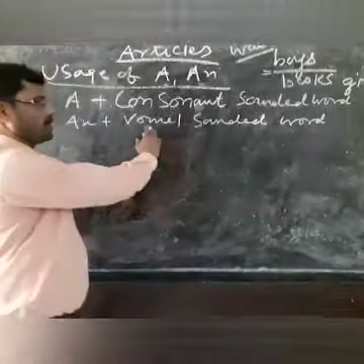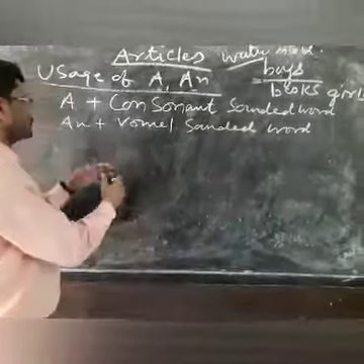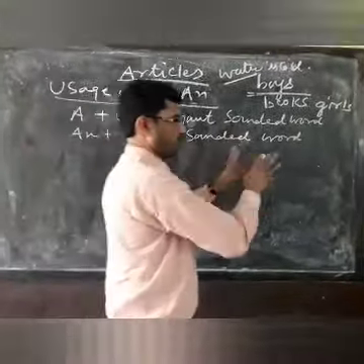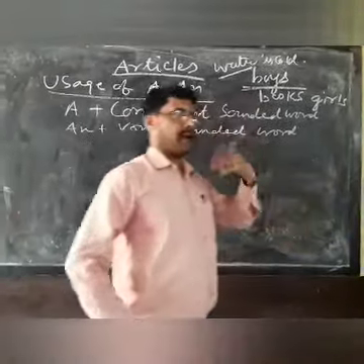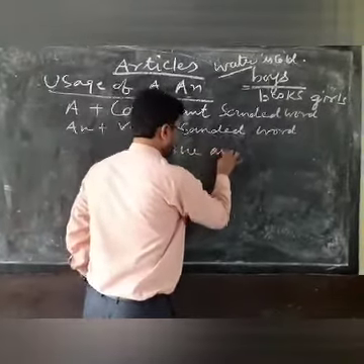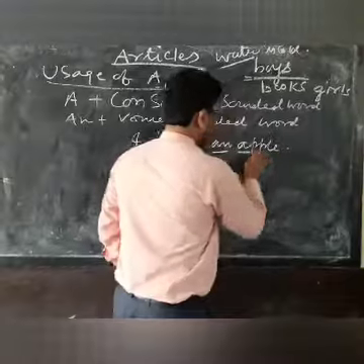As I have said some time ago, we usually use a before consonant sounded words and an before vowel sounded words. It is an apple. I have an apple. A is a vowel.